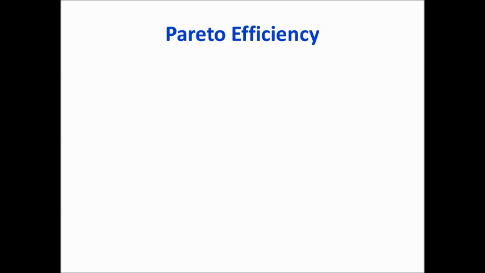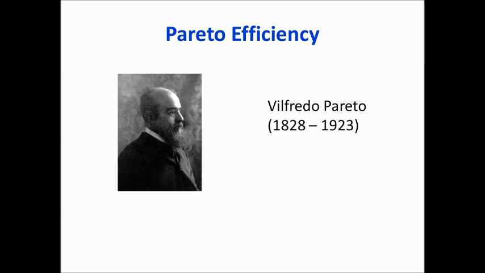The criterion that I want to introduce is Pareto efficiency. It is named after Vilfredo Pareto, an Italian economist who lived from 1848 till 1923. He was also a statistician, an engineer, a pretty famous guy, and he was, I think, the successor to Walras in Lausanne. Walras is another famous economist that we will also meet in this course later.